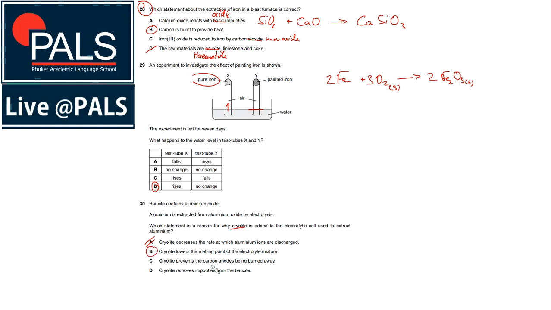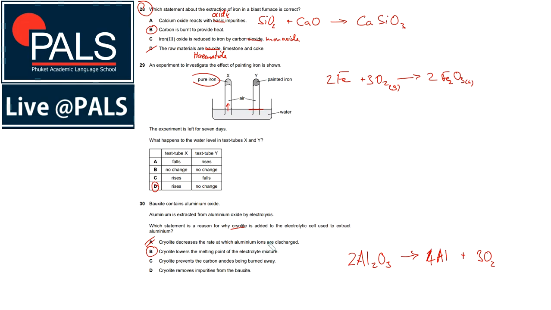Cryolite prevents the carbon anodes being burned away. No, it doesn't. Aluminium oxide is split up by the electrolysis into aluminium plus oxygen. This happens at very high temperatures, again, because we need to melt the whole mixture.